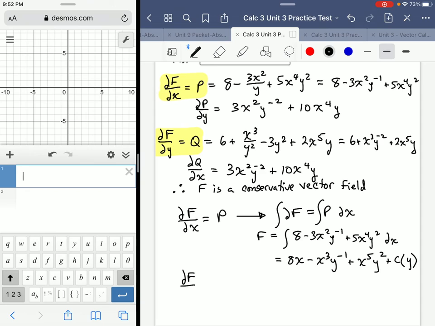and that is partial f with respect to y is equal to q, which gives us the other differential equation. Well, it is a differential equation, but in differential form. Which we can integrate.